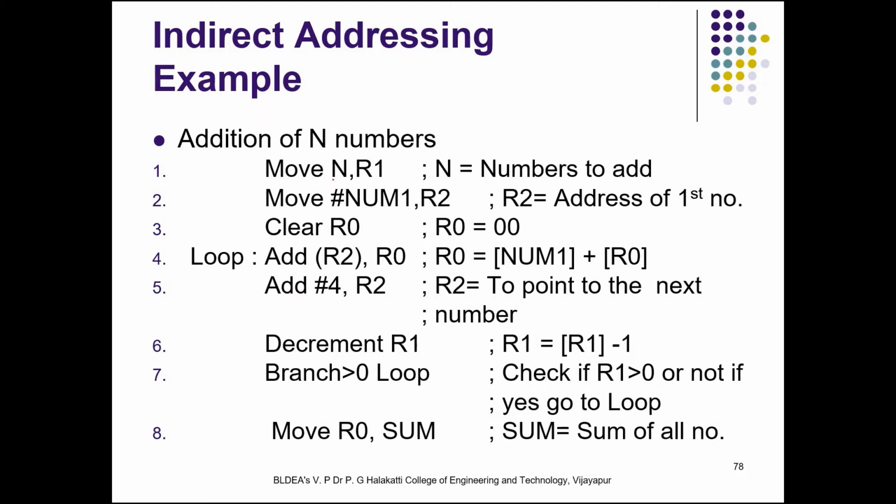So here we are taking n as the count, that is we have n numbers to add. And if I write the instruction move #num1, R2, it means R2 is containing the address of the first number.